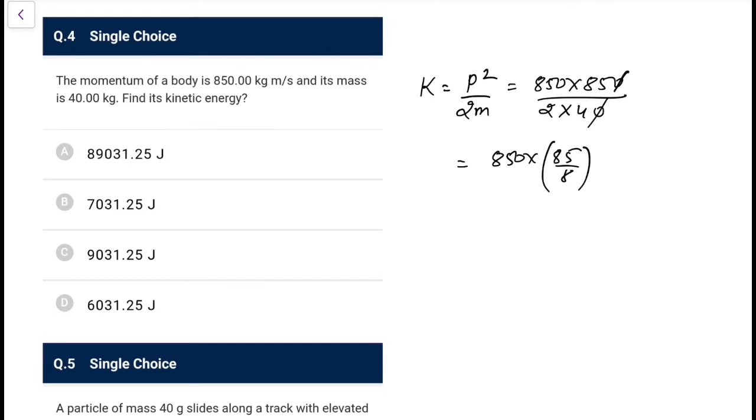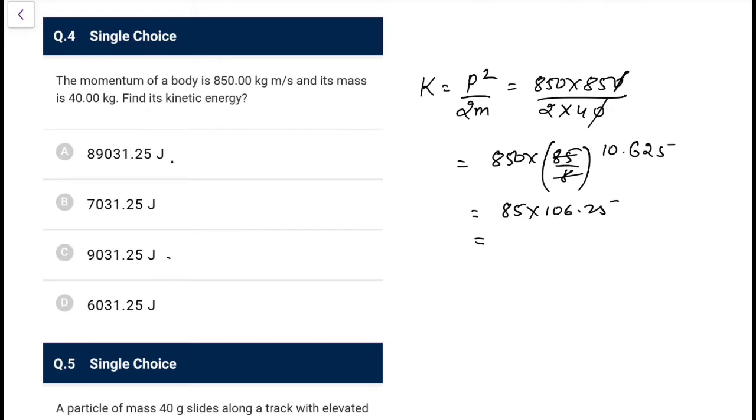How much something, because there are two options seeming to be closer, so we need to solve completely. There is no option left. So it would be 10 point, and let's say 50 would be 10.6 I suppose, 625. So now what we have is 85 into 106.25. Now you have to do the calculation, nothing else.